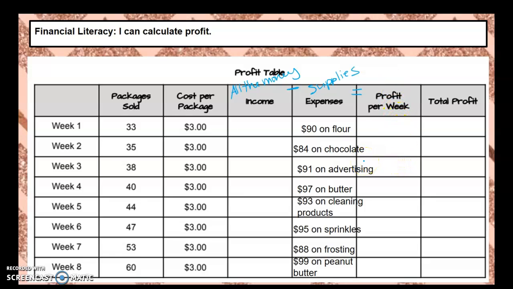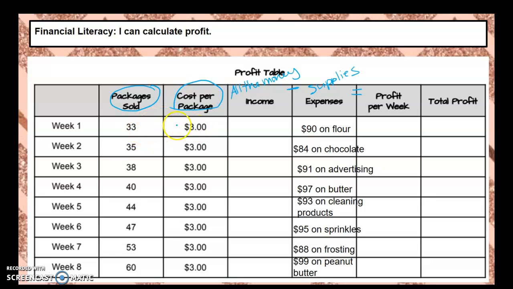So I'm going to walk through a couple of these with you. Pretend that you own a cookie shop. These are the number of packages of cookies that you sell every week, and these are the cost of each package.